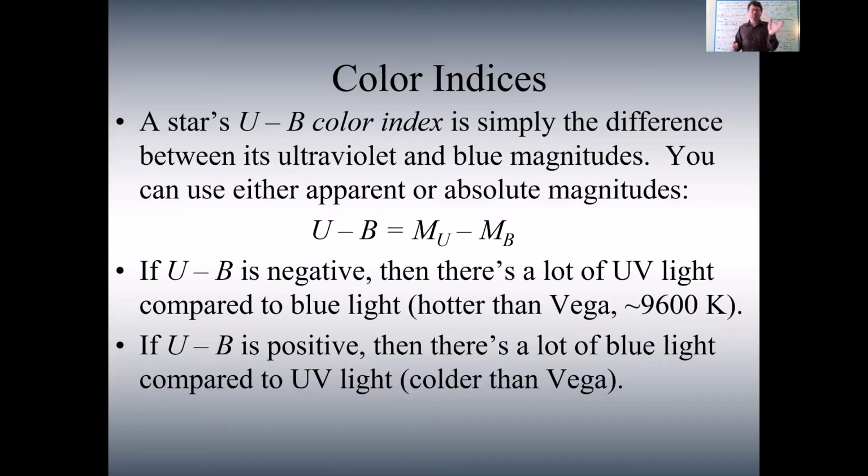But the reason I'm pointing this out is that you could imagine taking the object that you're looking at, however close or far it may be from you, and moving it to a distance of 10 parsecs in your mind. In this thought experiment, at that new distance, the new apparent magnitude would be equal to the absolute magnitude.